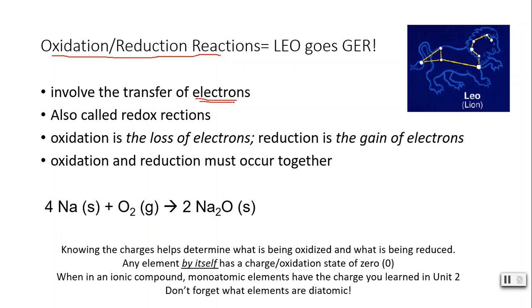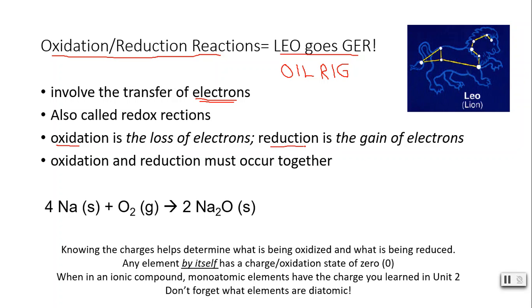To remember what happens in a redox reaction, I like to use the mnemonic LEO goes GER. Another one you may have heard in a previous chemistry class is OIL RIG. Both of these work. Both of these mnemonics are just ways to remember the definition of oxidation and reduction.